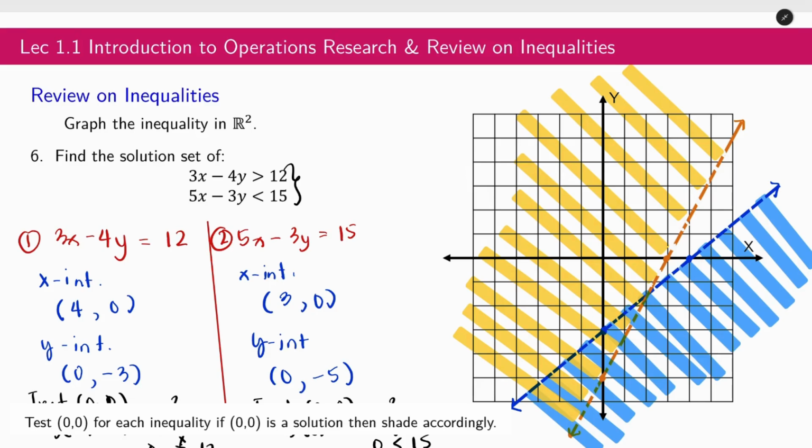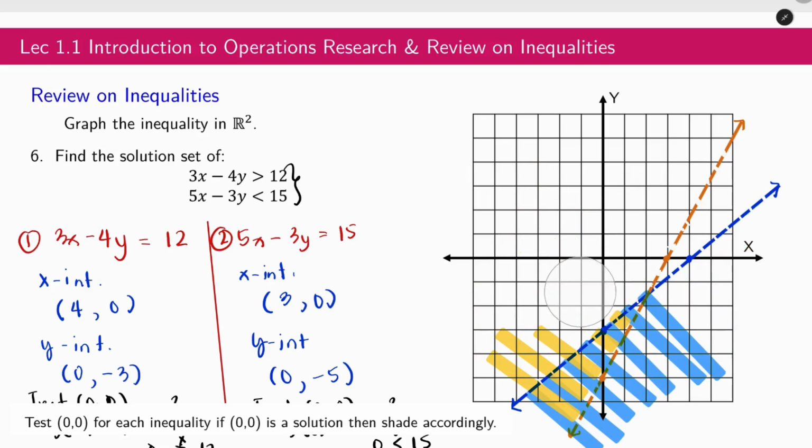Okay, because that region tells us that this region contains the solution set that satisfies both of them. I'm going to erase the shades that we don't need. Okay? As that is the only region that is common to them.